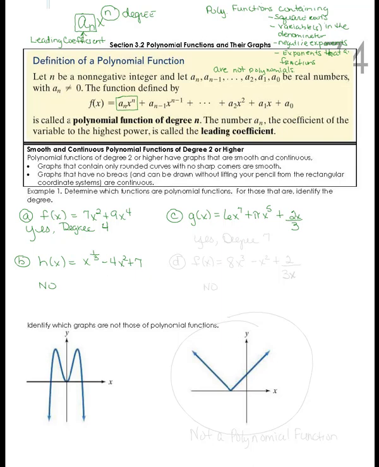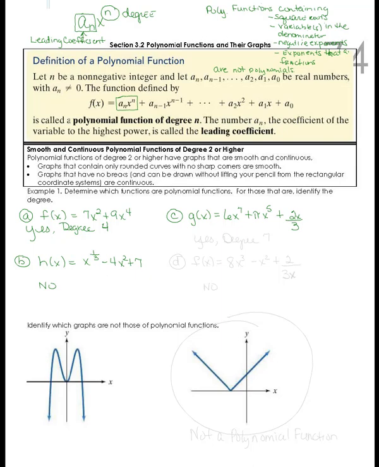Look at your powers. It didn't say anything about the coefficients. Had this pi been raised to a power as an exponent, then we would say no, because we want positive integers.